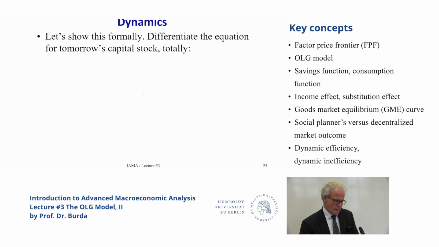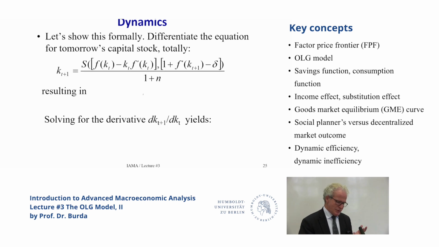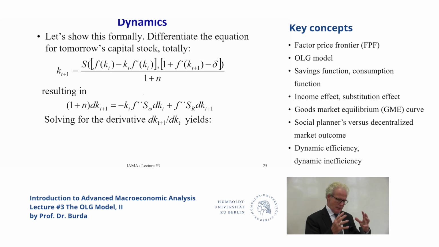Okay, so I will just show you how an economist would look at this formally. It's a nonlinear first order difference equation, which expresses KT, the variable of interest, as a function of KT in the past, or equivalently KT plus 1 as a function of KT.